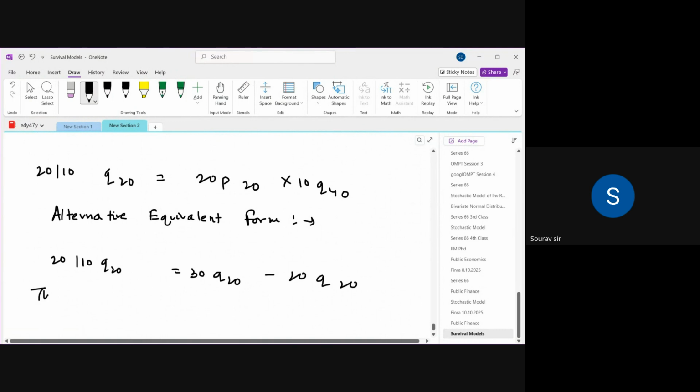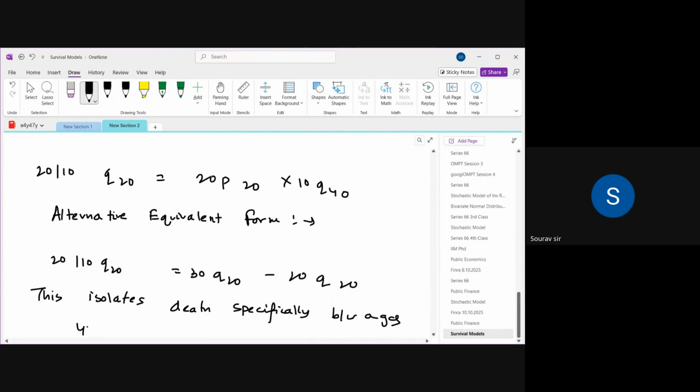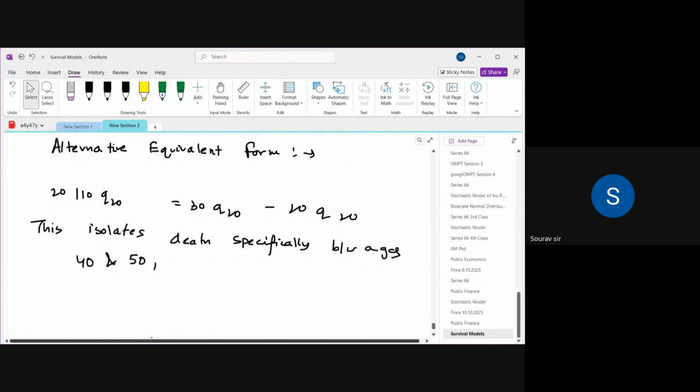You know, this isolates death specifically between ages 40 and 50, given survival up to 40.